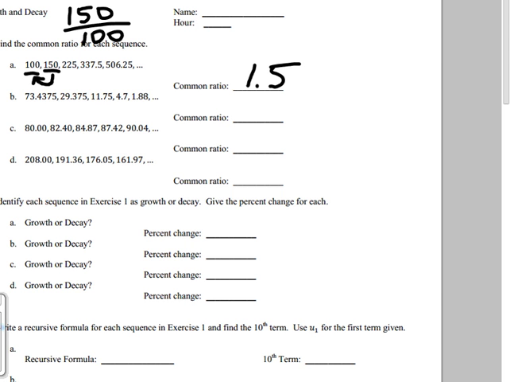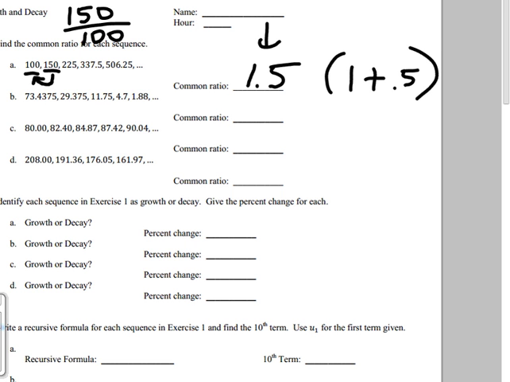Do you get that that's the exact same thing as saying 1 plus 0.5? Now, you don't have to write it that way, but I want you to think about it that way, because when they ask you what is the growth rate, it is not 150%. See, people screw that up. If they have this number, they think it's 150% growth. It's not. What growth is it? 0.5, which is also known as what percent? 50% growth.